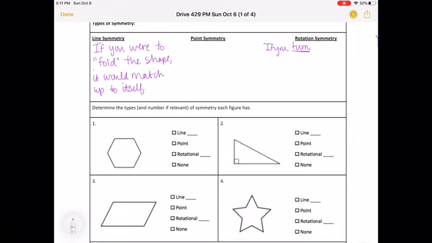So if you turn it, less than 360 degrees, the shape would match up to itself. Okay.